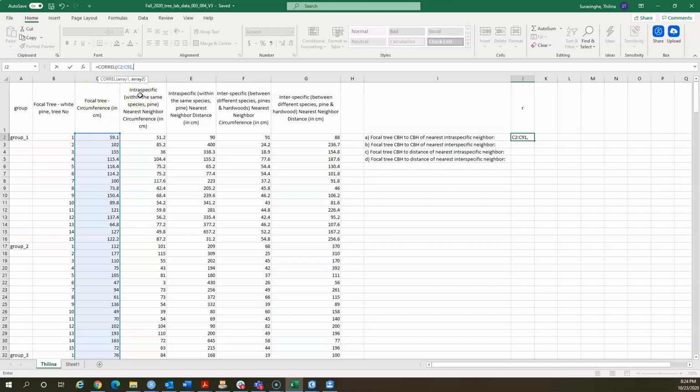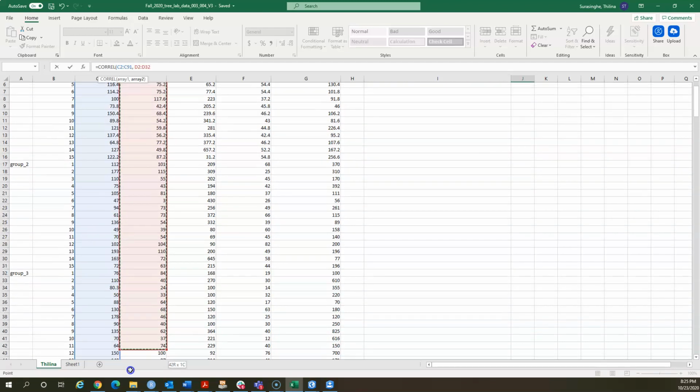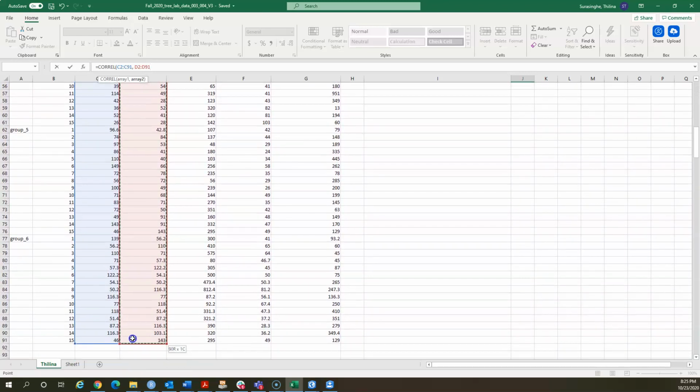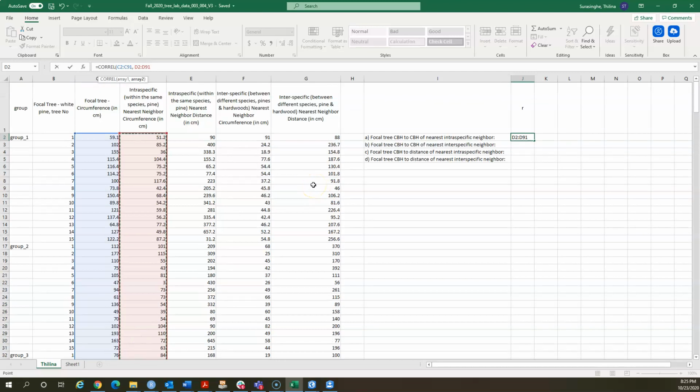And then I'm going to put a comma, and then I'm going to select the second array, which is my column D, which includes the data for intra-specific nearest neighbor circumference, right? I'm going to select that, and I'm going to close that parenthesis.